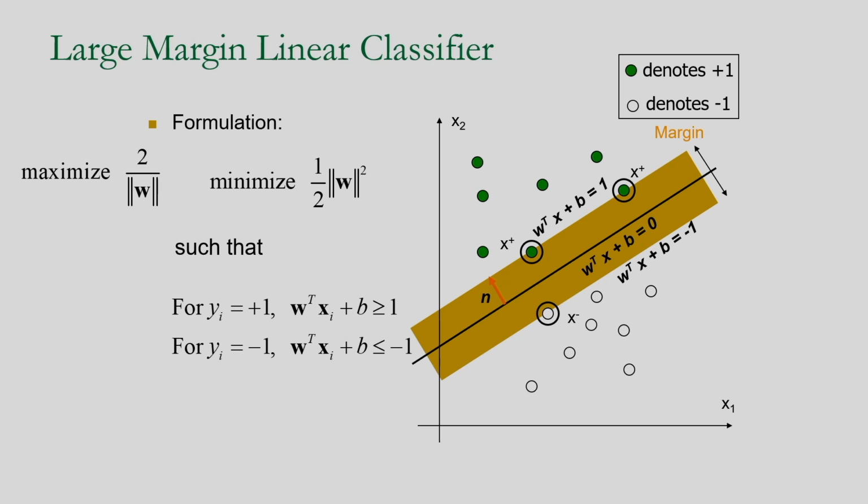Again the formulation: I have to maximize 2 divided by the W norm, which is equivalent to minimizing 1 by 2 W norm whole square.